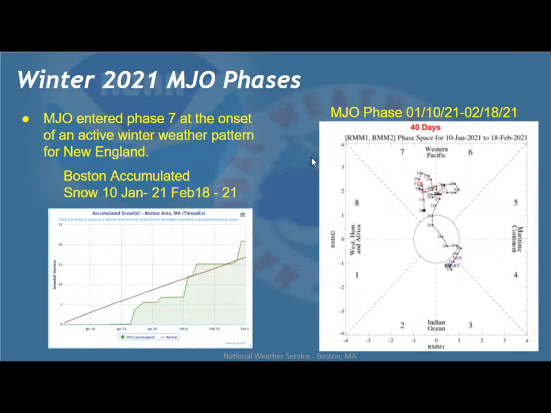And then how about this year? This year was much snowier than last year, much closer to normal. And the Madden-Julian oscillation from early January through mid-February actually spent a good amount of time in phase 7, and on the line between phases 6 and 7.